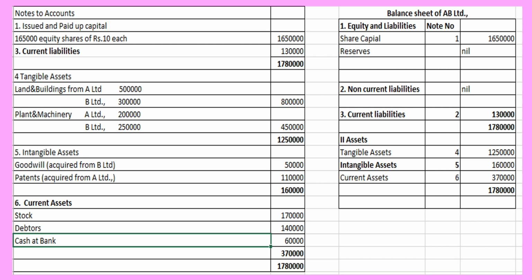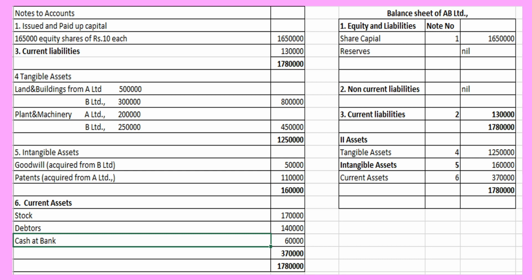Coming to the balance sheet of AB Limited, first equity and liabilities. Under that, share capital, note number 1, amount comes to 16,50,000. Then reserves, we can show only nil because it has already been utilized for the settlement of purchase consideration. Non-current liability in this problem is nil.